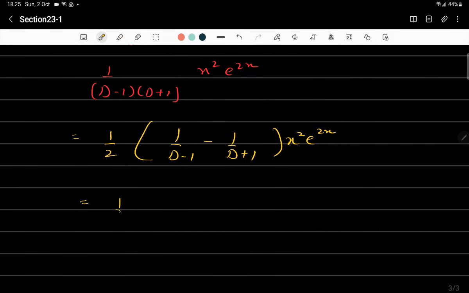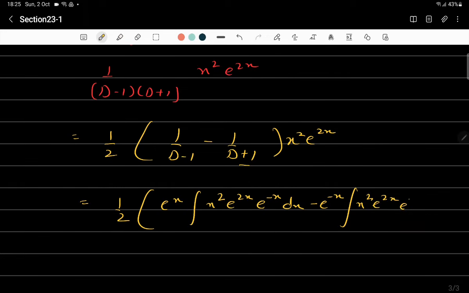So now this turns out to be, in the first case r is 1, so e raised to the power rx, then x square e raised to the power 2x e raised to the power minus rx dx, then minus e raised to, now r is here minus 1, so x square e raised to the power 2x e raised to the power x dx.